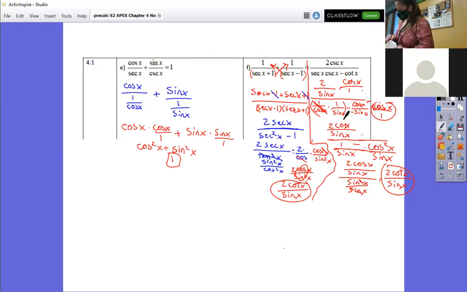Why are there different names for angles? What? Yeah, tomorrow's worksheet, I put all the rest of 4.1, so we'll just wait till tomorrow.